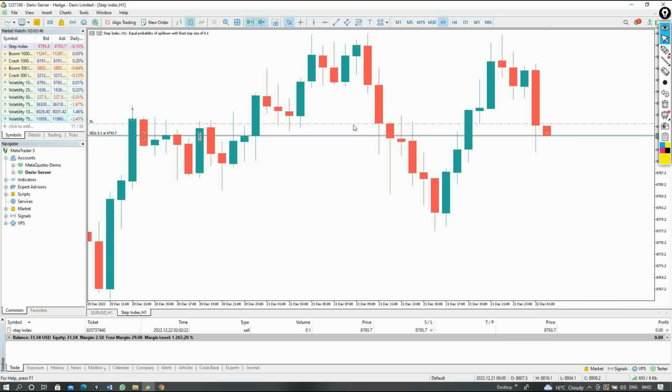Now we are just trying to modify our stop loss. It's going to be around $13. That's our stop loss. I'm just going to open one trade because this account is very small.